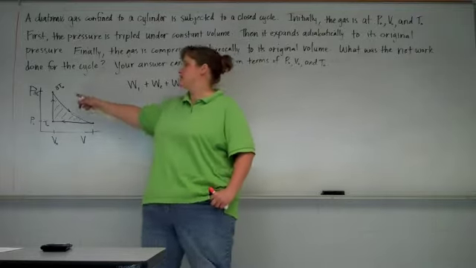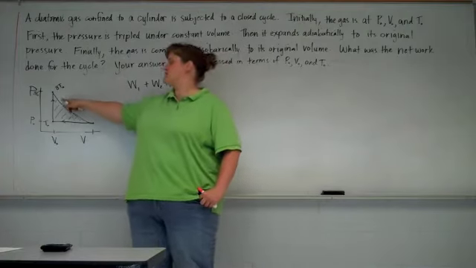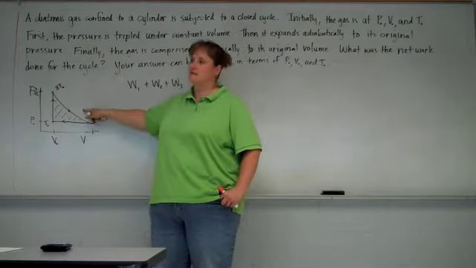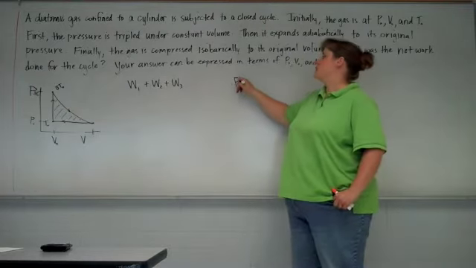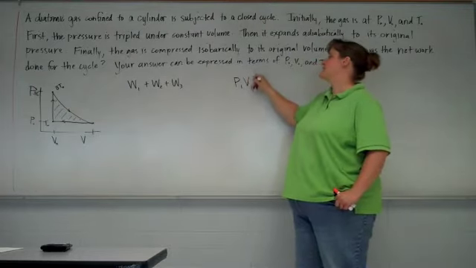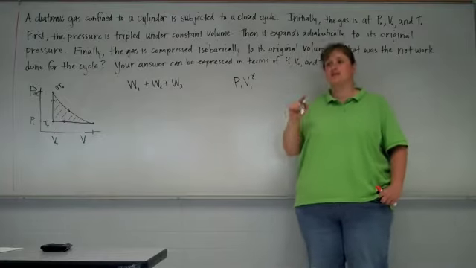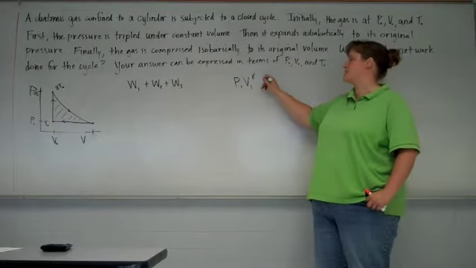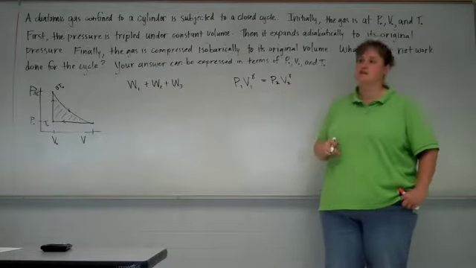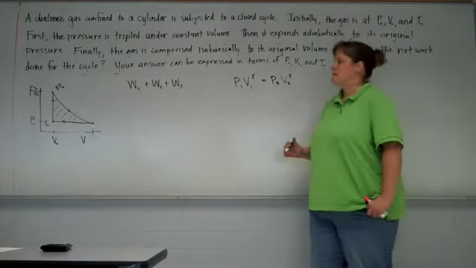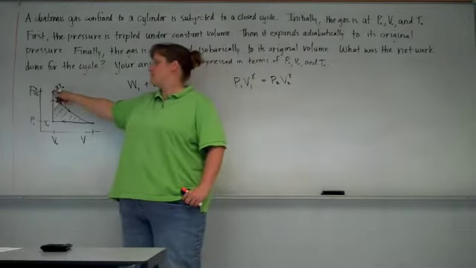To do that, this part of the process is adiabatic. In an adiabatic process, we know P1 times V1 to the gamma at one point in the process has to equal P2 times V2 to the gamma at the second point of the process. Here's the first point.